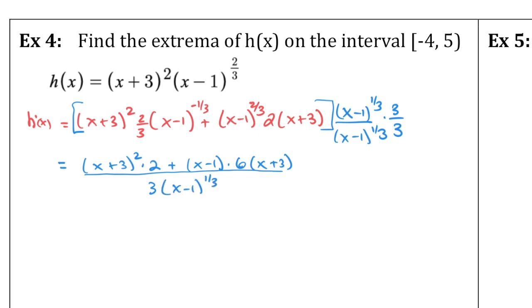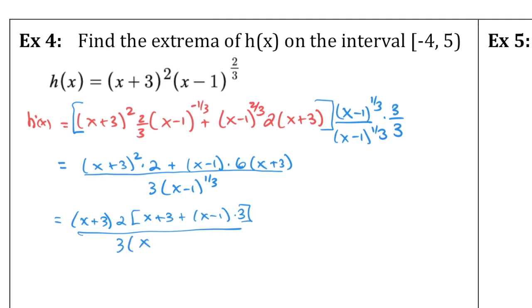All right, now, of course, we need to do some simplifying by factoring. We're going to have x plus 3 multiplied by 2, and our remaining terms will be x plus 3 plus our x minus 1 multiplied by 3. In your denominator, you still have 3 times x minus 1 to the 1/3.